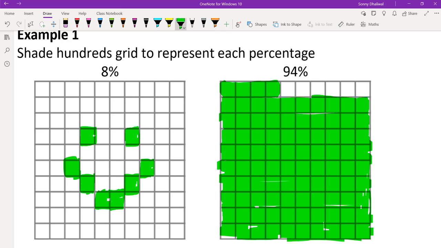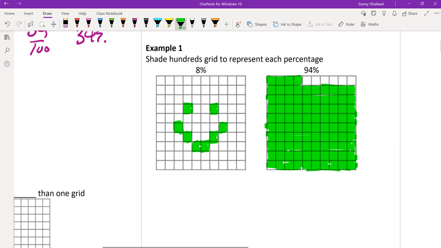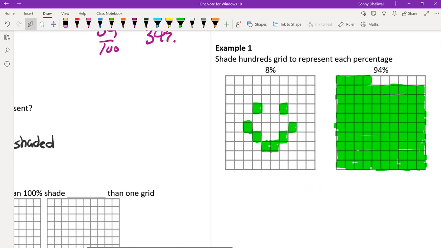Okay. So long as you have 6 unshaded ones, you're going to be fine. Okay? Yeah.